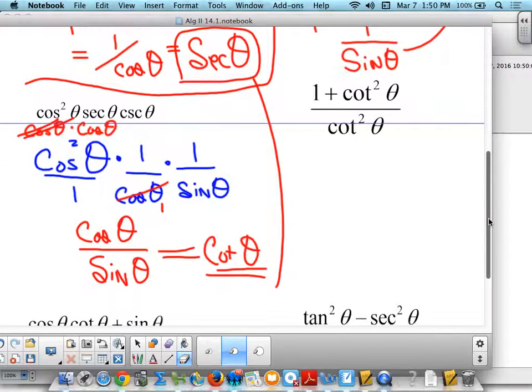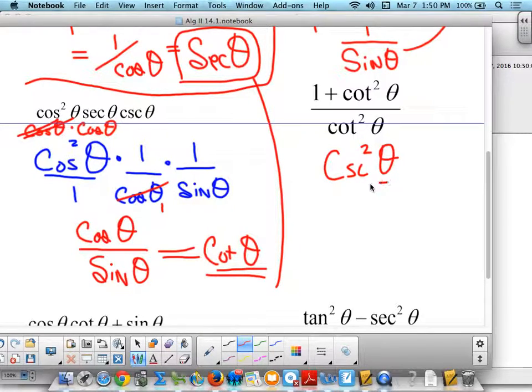So could I just write this, cross this out, and go, what? Cosecant squared over cotangent squared. Is the answer to this 1? No, it's not. You can only cancel like that if you have multiplication.